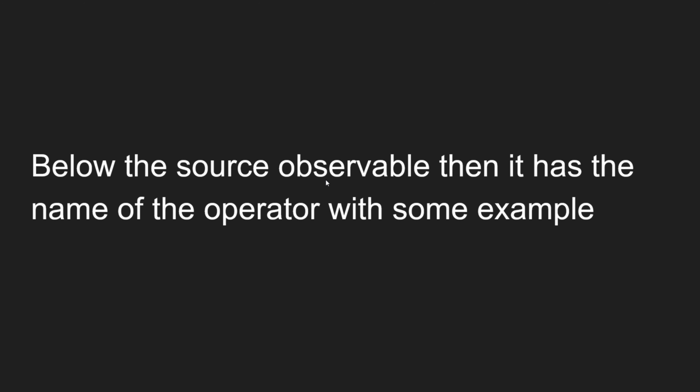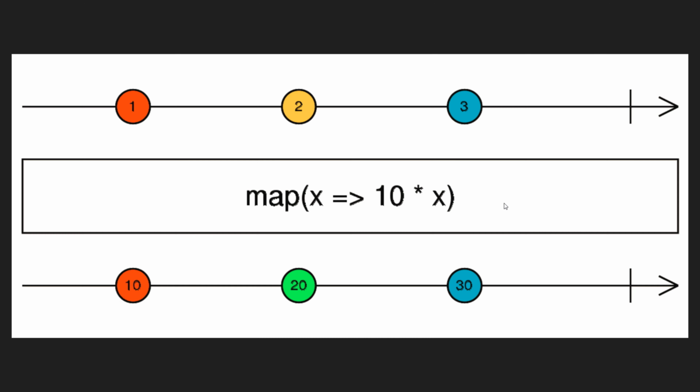Now below the source observable, there is the name of the operator with some example. Below the source, we have understood the top arrow, and in the middle we have an operator name, where you mention the type of operator we are applying. Here we are applying the map operator.